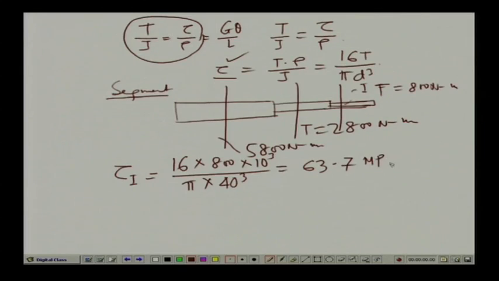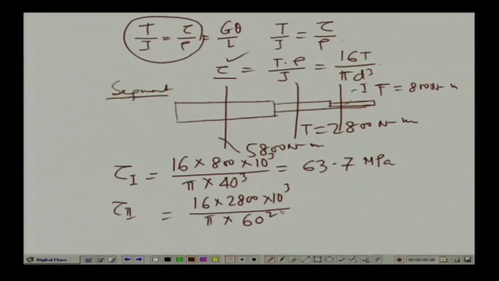Tau for segment 2, likewise, is equals to 16 into 2800 into 10 to the power 3 divided by pi into 60 cube.